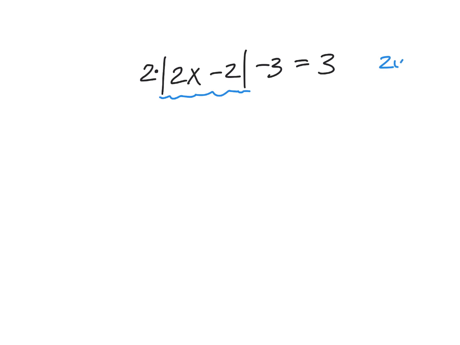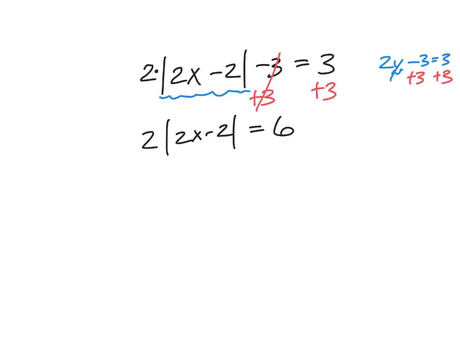So if it looked like this, 2y minus 3 equals 3, think about what you would do first. So this y here is like our absolute value. What would be the first thing I would do? I would need to add 3 to both sides. So that's what I'm going to do here, add 3. So just like I did earlier. Now I have 2 times absolute value, 2x minus 2 equals 6.